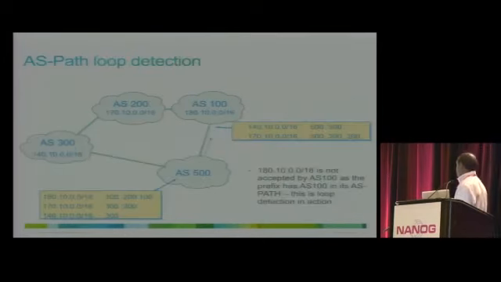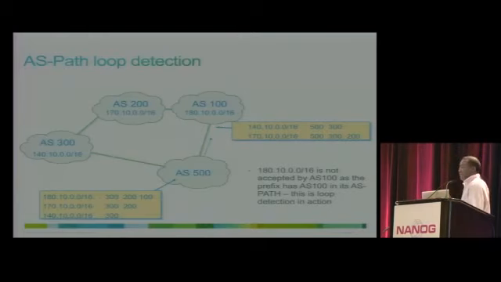So the loop detection. How do we use AS-PATH for loop detection? The rule is very simple. If you receive an advertisement that contains your own ASN, then drop it, because it means it is a loop. So it detects the presence of a loop, and it drops that advertisement. It doesn't install it, and it doesn't advertise it.